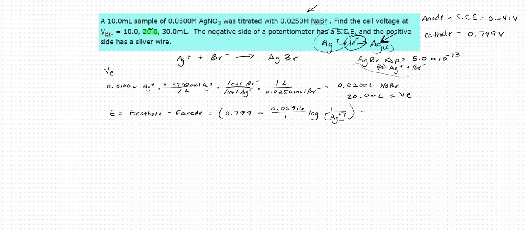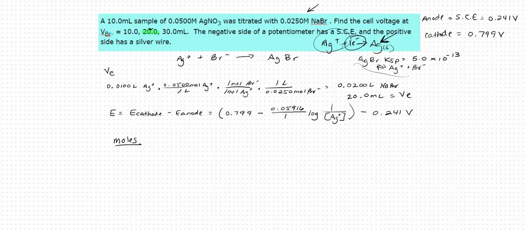And then from that, we subtract the E of our anode, which is our saturated calomel electrode at 0.241 volts. So before the equivalence point, we need to calculate this silver. Now, the concentration of this silver is going to be dependent before the equivalence point on the excess silver in solution. So we need to calculate the moles.